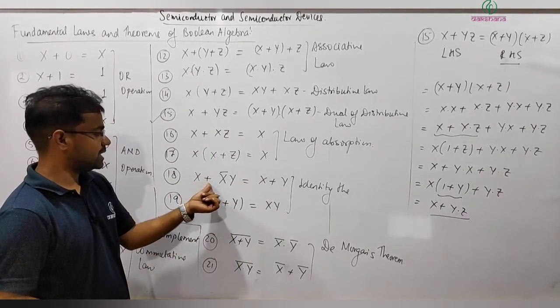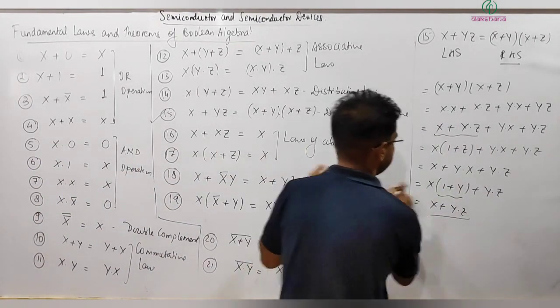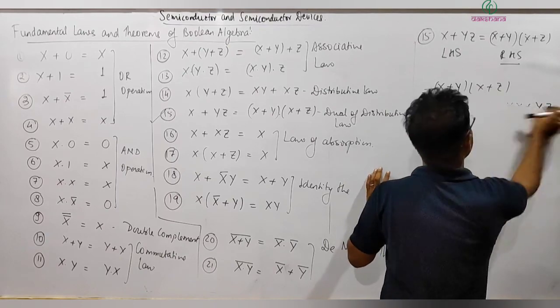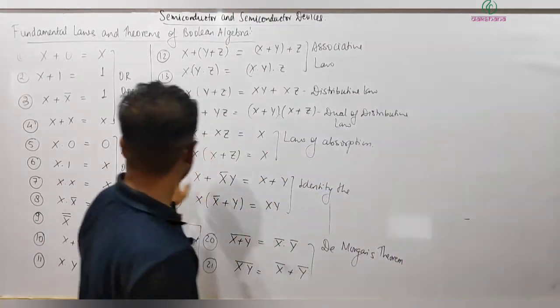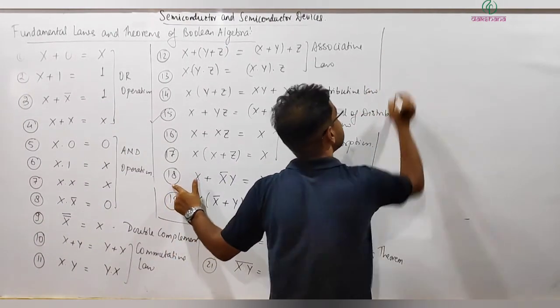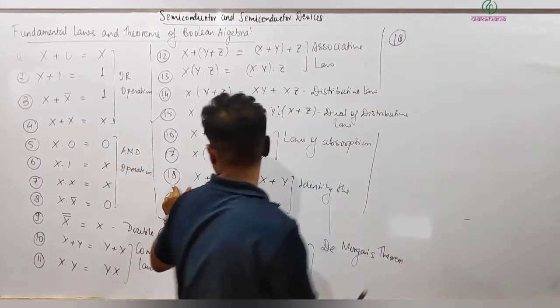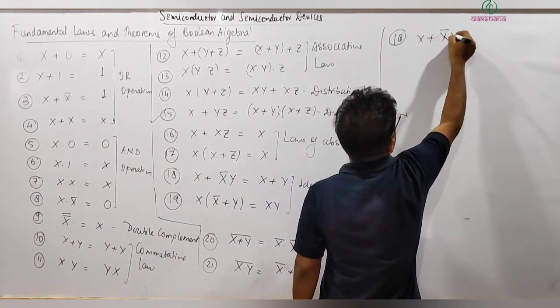Next is x plus x bar y, or x naught y. Let me prove that too. The next one is 18, so this is the proof for 18. It's x plus x naught y.